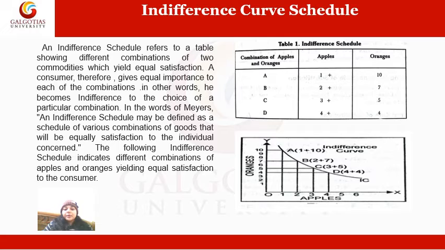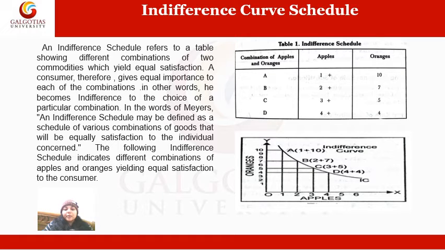The schedule shows that consumer gets equal satisfaction from all four combinations, that is A, B, C and D of apples and oranges. In combination A, the consumer has 1 apple plus 10 oranges. In combination B, he has 2 apples plus 7 oranges. In combination C, he has 3 apples and 5 oranges. And in combination D, he has 4 apples and 4 oranges.